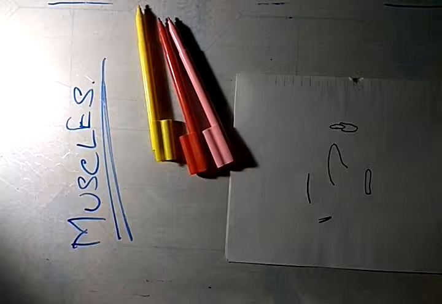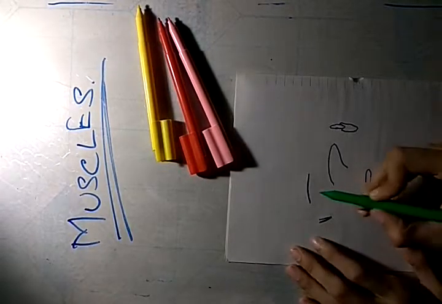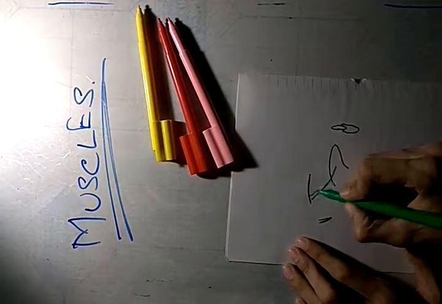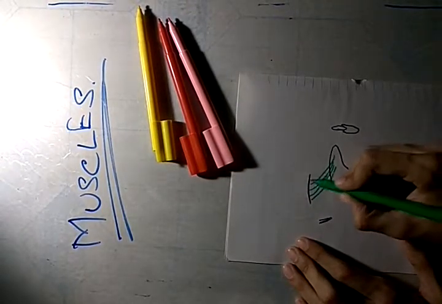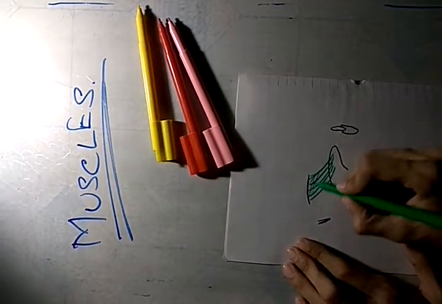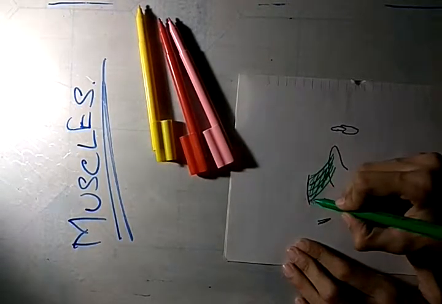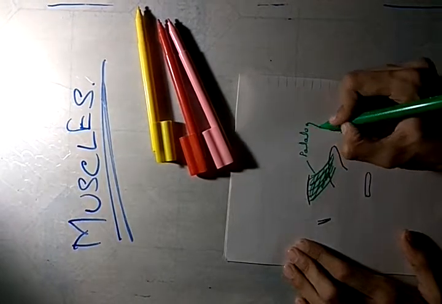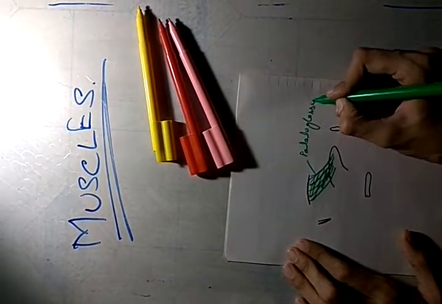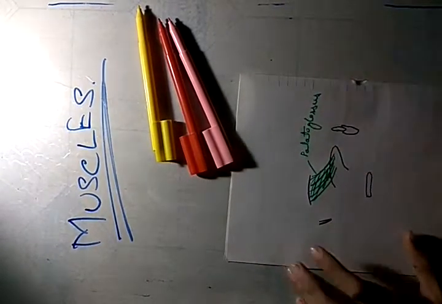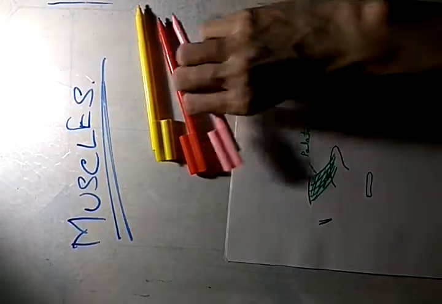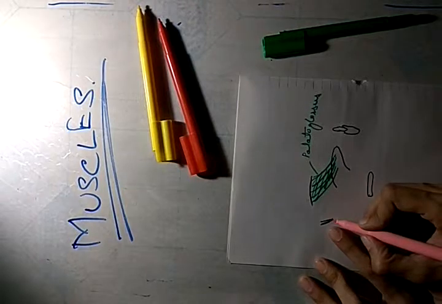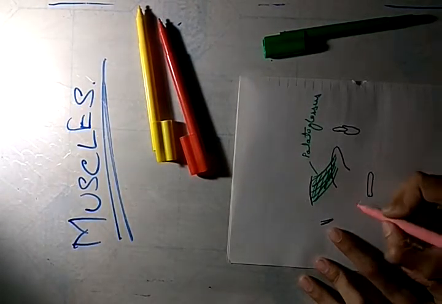First muscle being palatoglossus, the name suggests from palate to tongue. This is our palatoglossus. Second muscle is styloglossus. Styloglossus originates from the styloid process as well as the stylohyoid ligament.